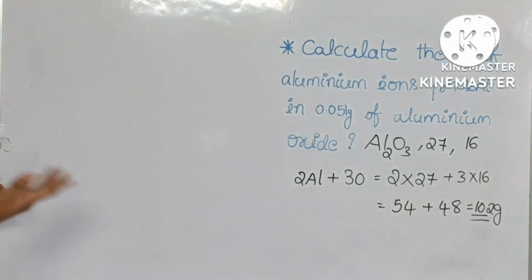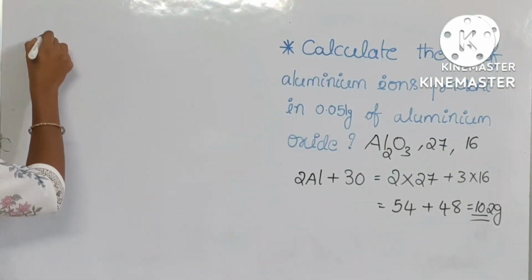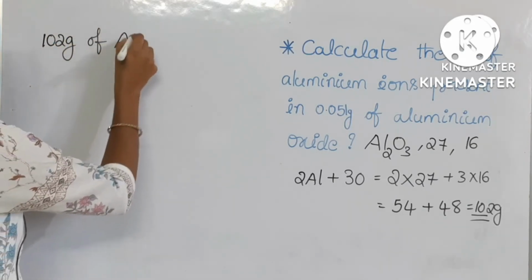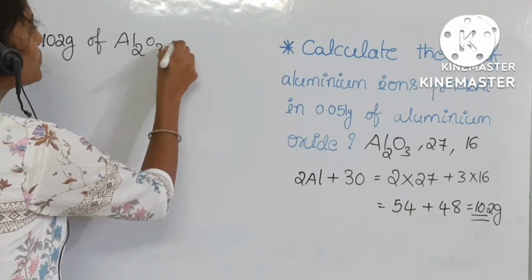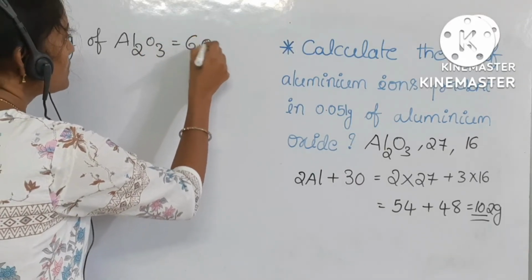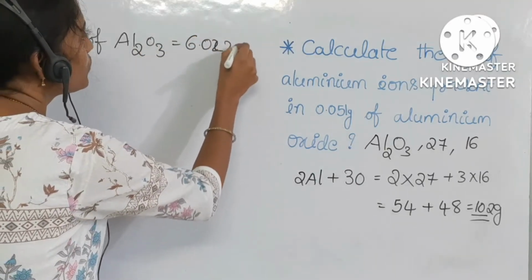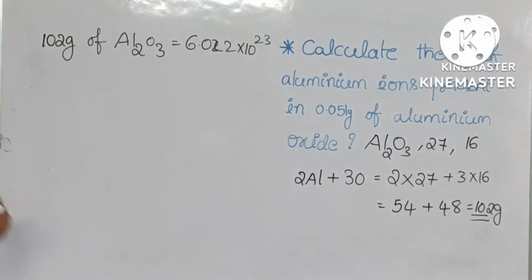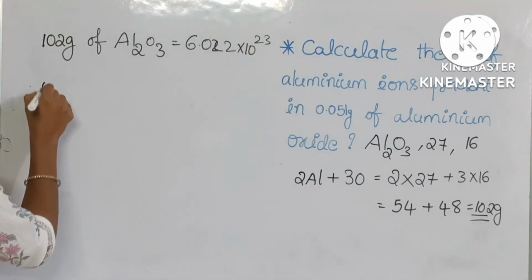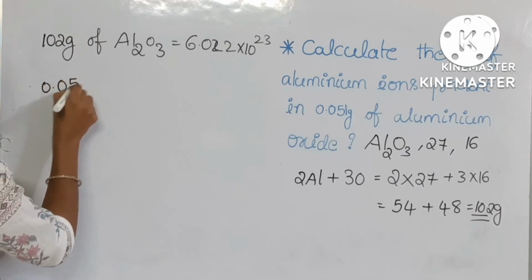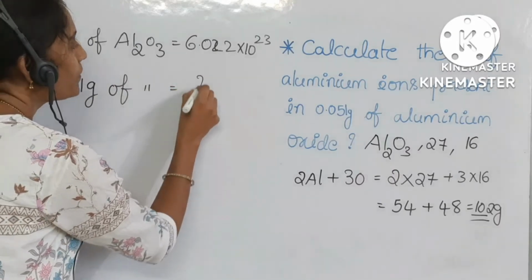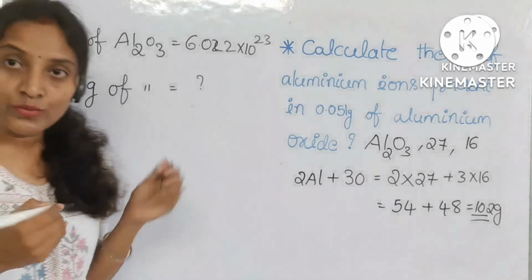Nothing but 1 mole, 102 grams of aluminum oxide, is equal to 6.022 into 10 power 23 particles or molecules or ions. Then 0.051 grams of Al2O3 has how many aluminum ions?